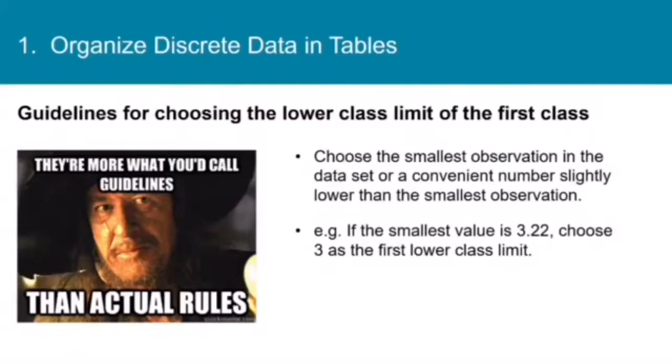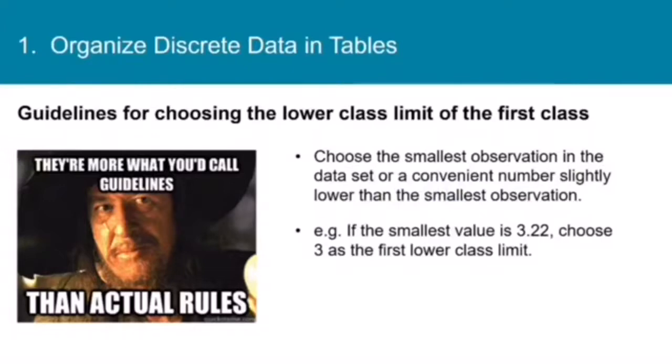So if you need to choose your own lower class limit of the first class, here's what you should do. Find the smallest observation in the data set and then either use that as the lower class limit of your first class or use a convenient number that's slightly lower than that.